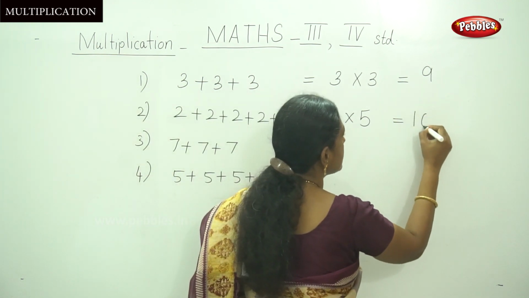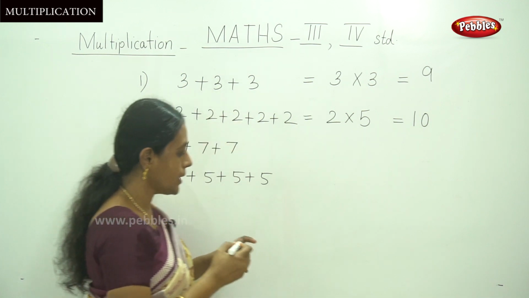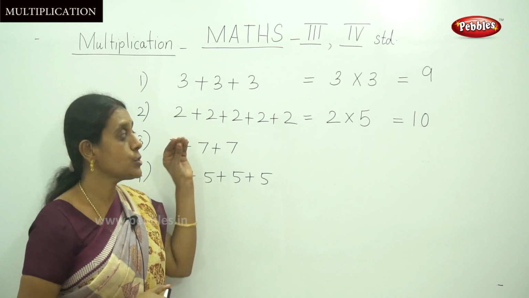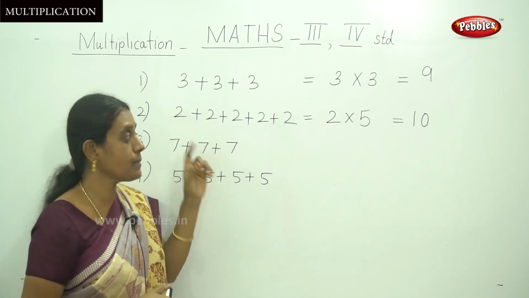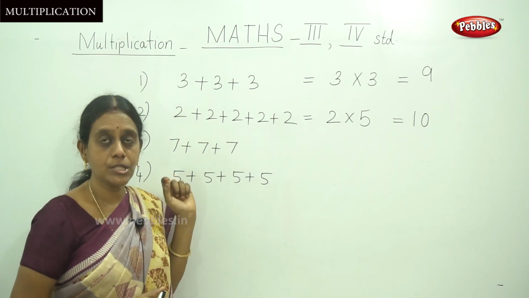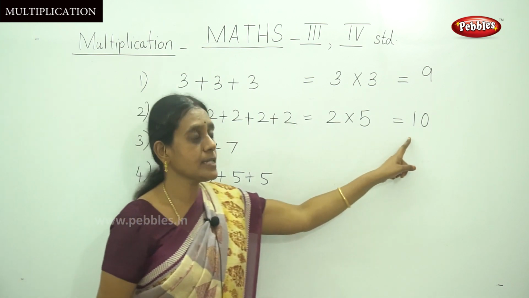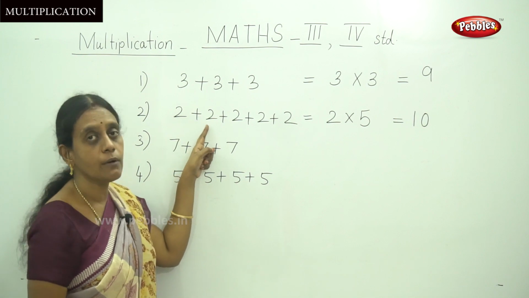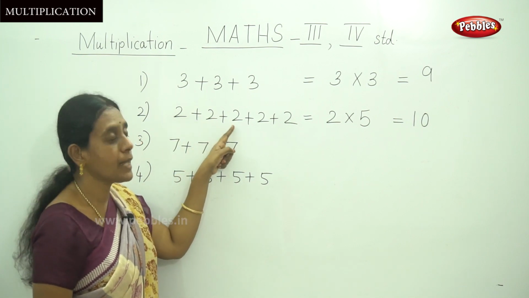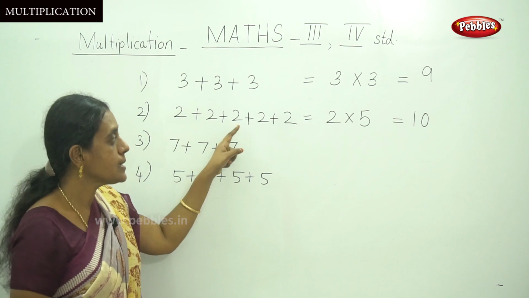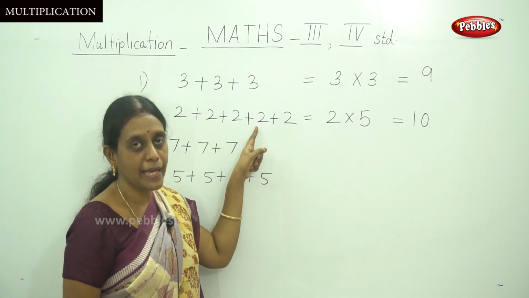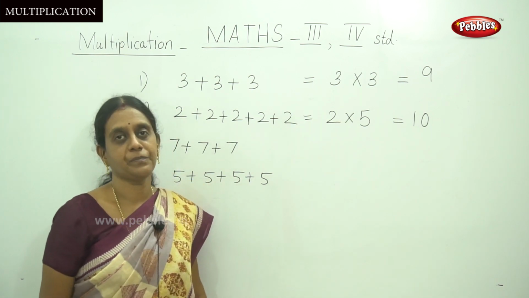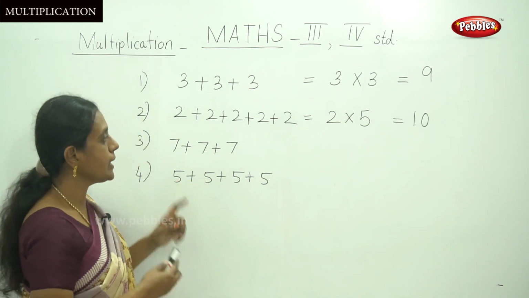So the answer is 10. Check it by addition: 2 plus 2 is 4, 4 plus 2 is 6, 6 plus 2 is 8, and 8 plus 2, the answer is 10.